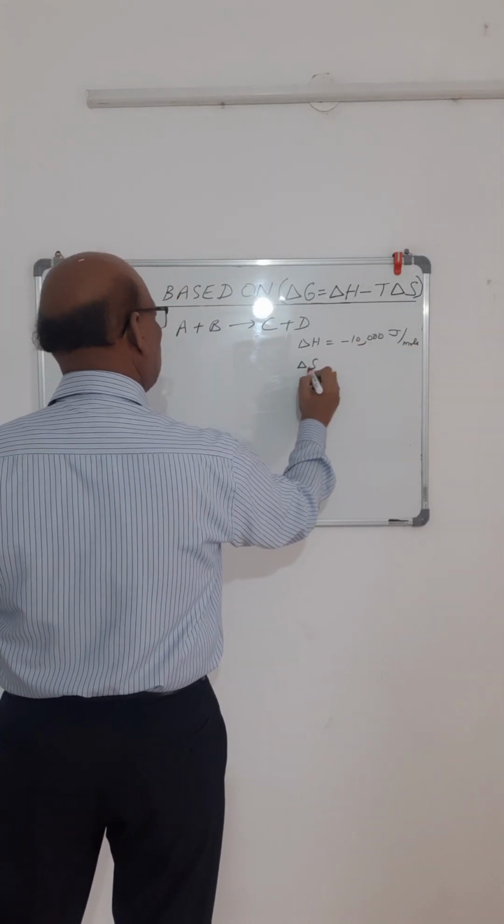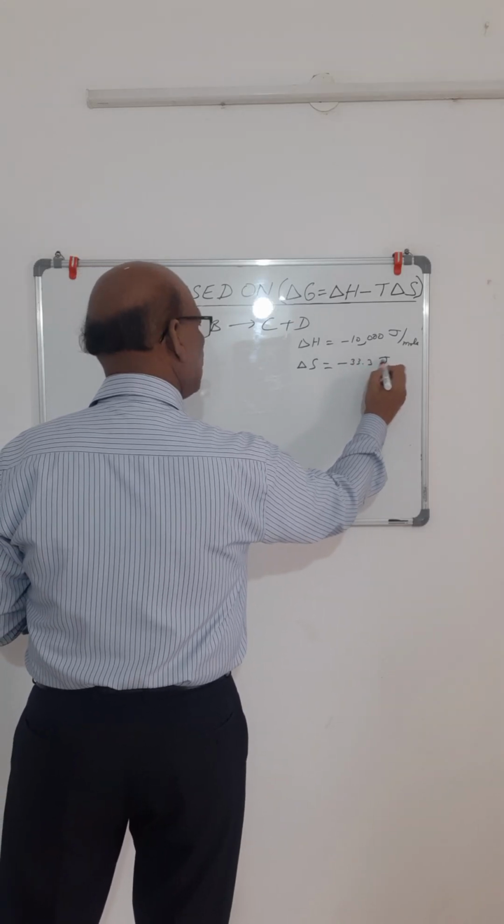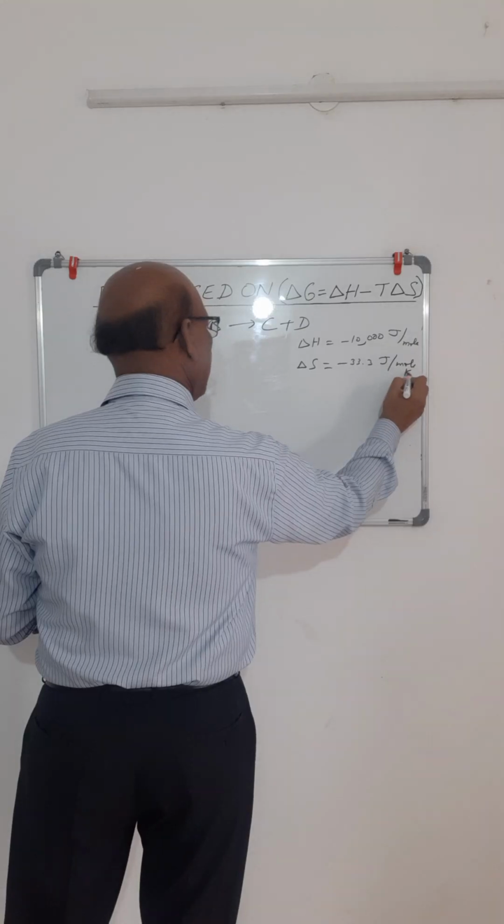And delta S is given to us as minus 33.3 joule per mole Kelvin.